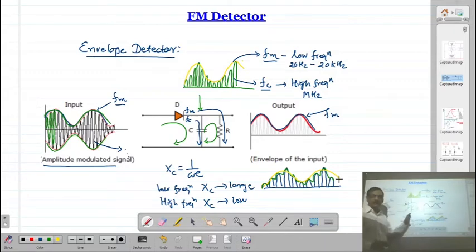Now this detector is used in a slope detector also. Correct? I think the basic idea is clear to you. Now let us see what is the FM detector.